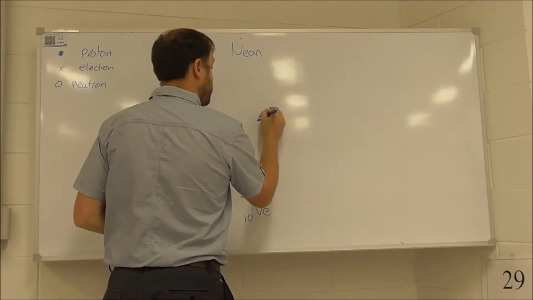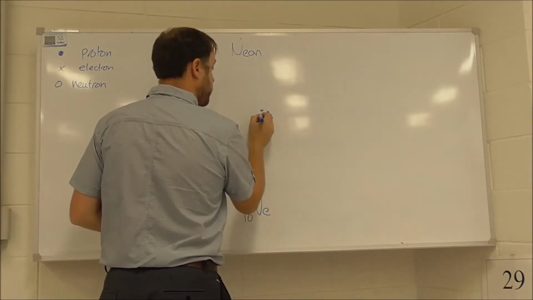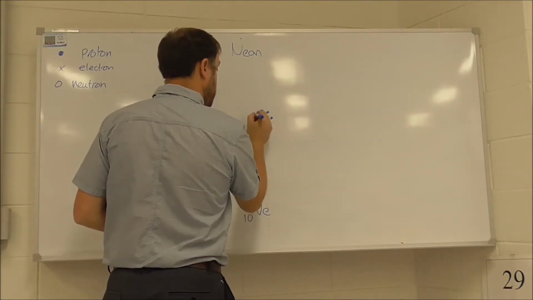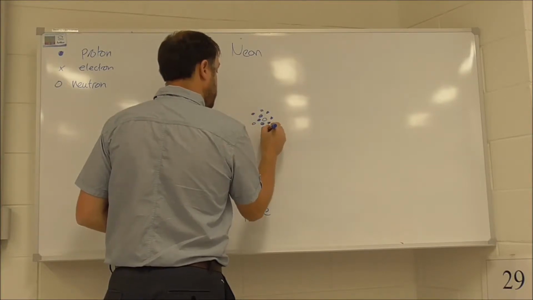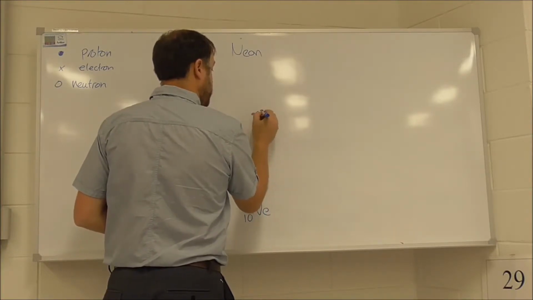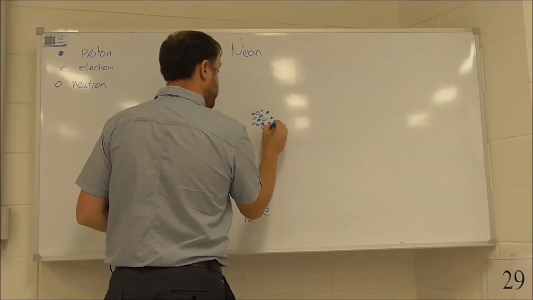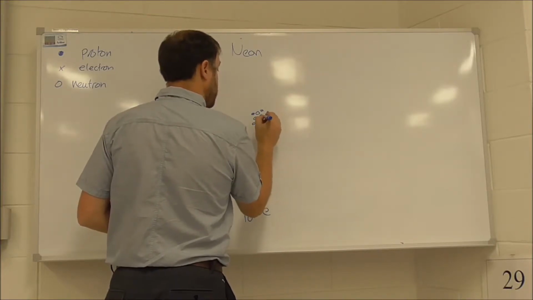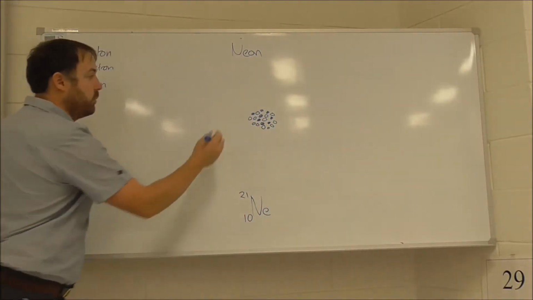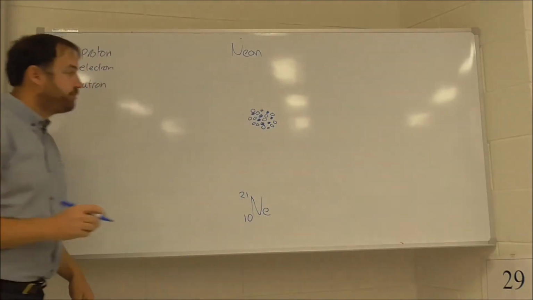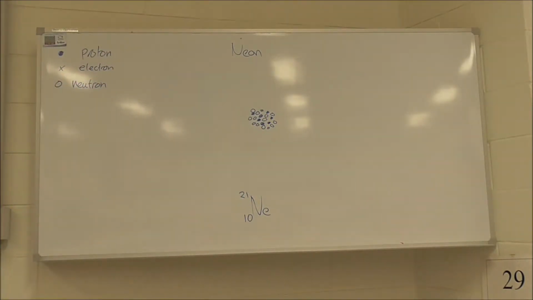I'm just going to draw a whole bunch of them. 1, 2, 3, 4, 5, 6, 7, 8, 9, 10, one more. So there's my nucleus. It's a whole lot of protons and neutrons all packed together in a tiny little spot.